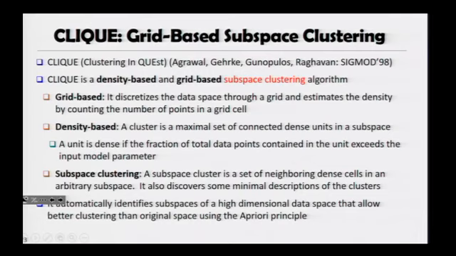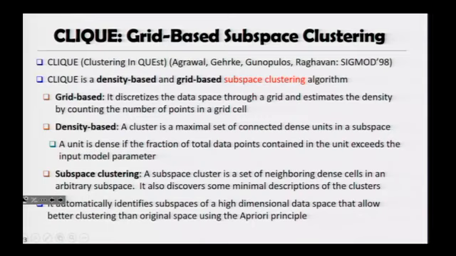Grid-based means that it still partitions the data space using those grid cells, and then estimates the statistical information for each cell by counting the number of points and aggregating the statistics from the bottom up. That's why it is grid-based. Density-based means that the way they form the clusters is not by partitioning methods, but by looking at a density measure.